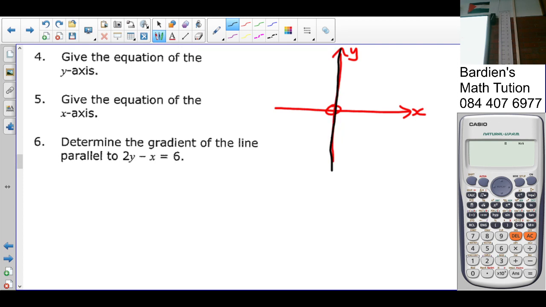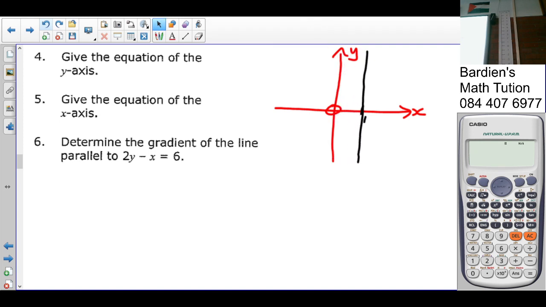What's the equation of that line? What is the equation of this line?